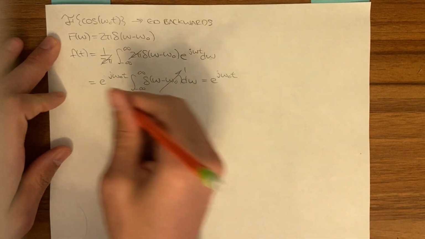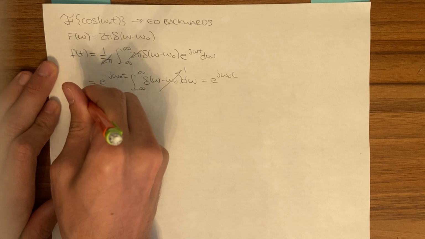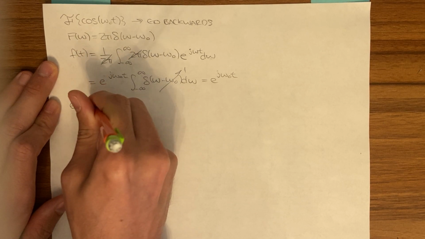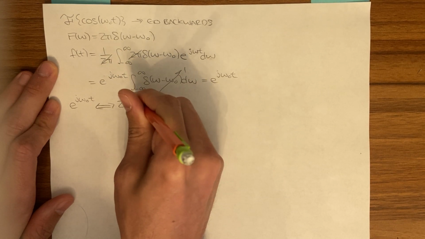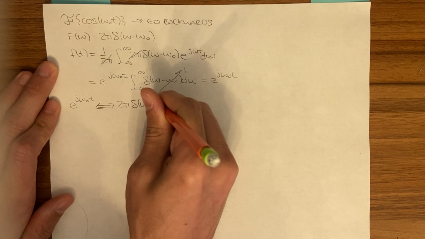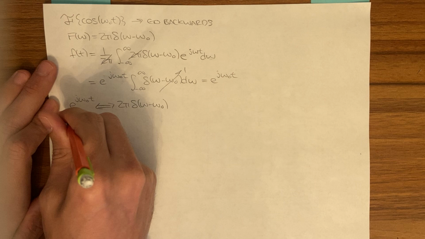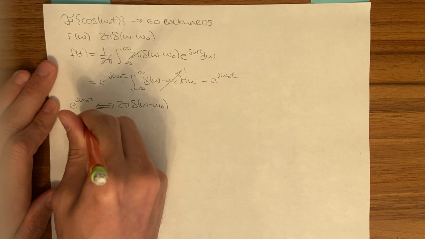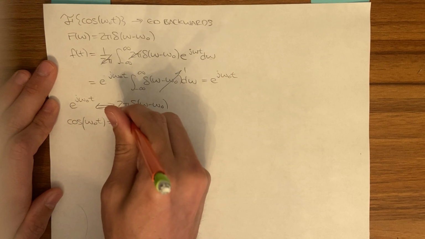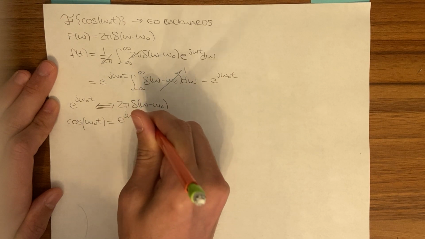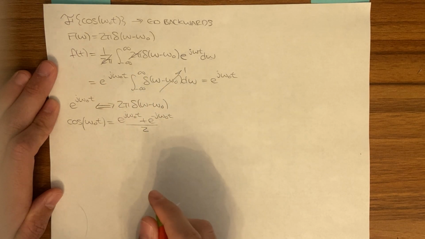Okay. So we now have a new Fourier transform pair. Essentially, anytime you have a complex exponential, its Fourier transform is 2 pi times the shifted delta function. Okay, so remember the Euler identity for a cosine, and how that's equal to e to the j omega naught t plus e to the minus j omega naught t all over 2, right?